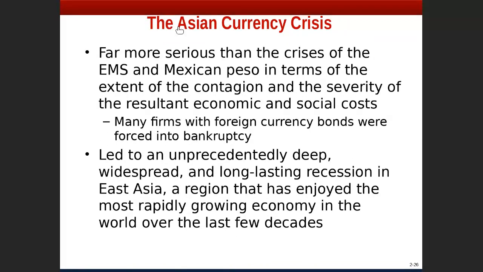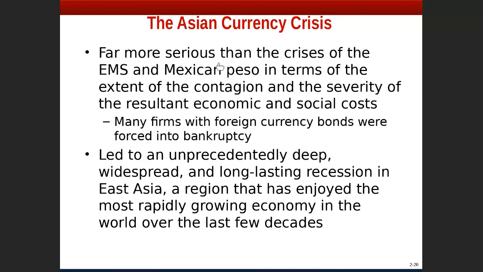Now let's turn our attention to the Asian currency crisis. It was far more serious than the crisis of the European monetary system and the Mexican peso in terms of the extent of the contagion and the severity of the resultant economic and social costs. That is, the Asian currency crisis was much more severe than these two.